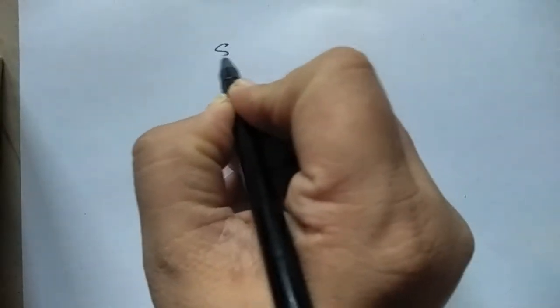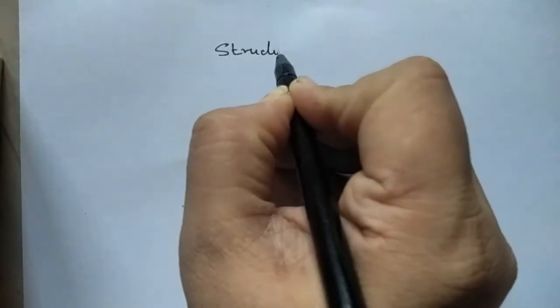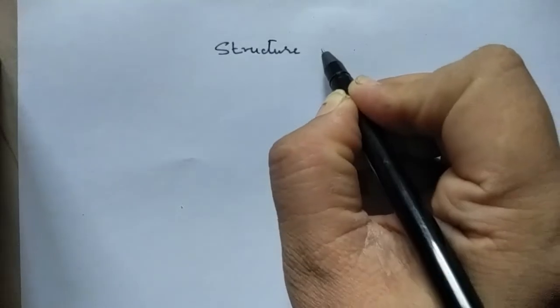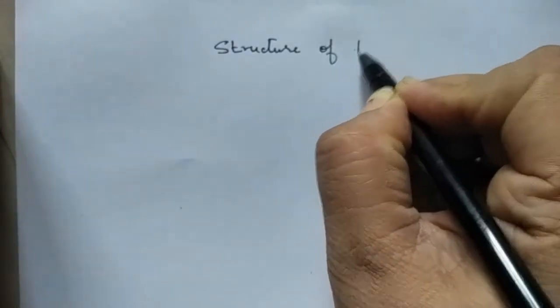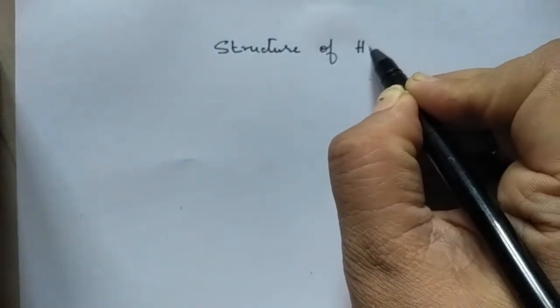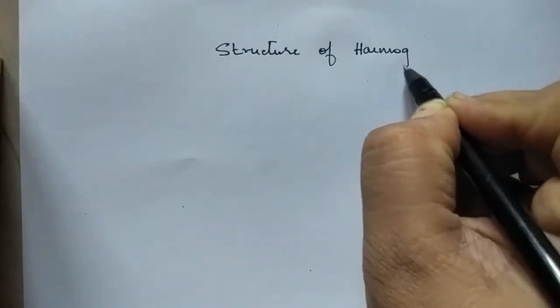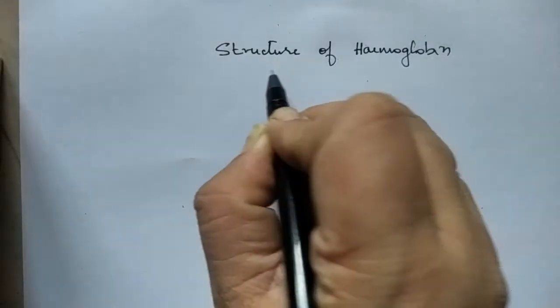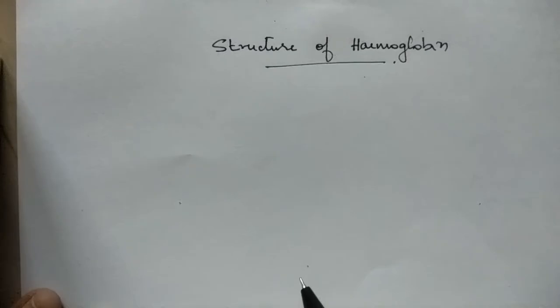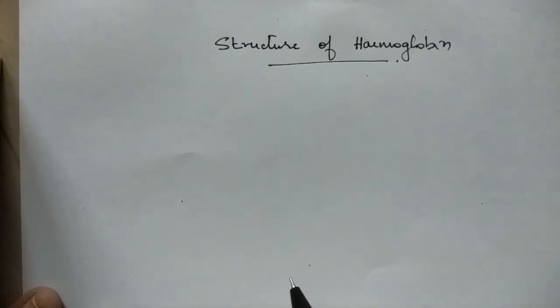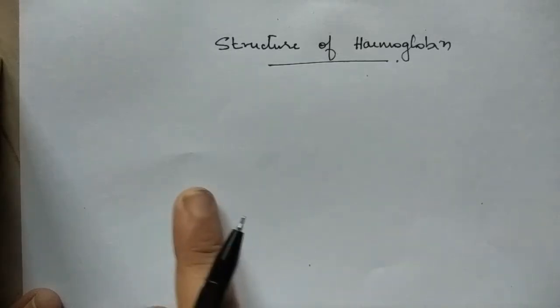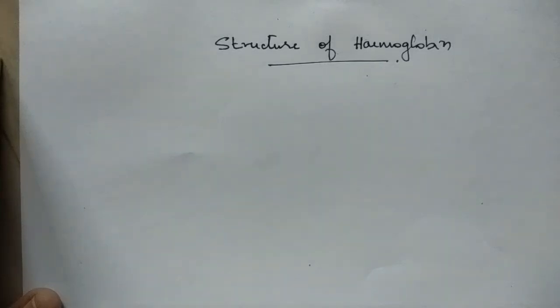So we'll see the structure of hemoglobin. Okay, it is a very easy structure. So for that we can say hemoglobin will be having a porphyrin ring.